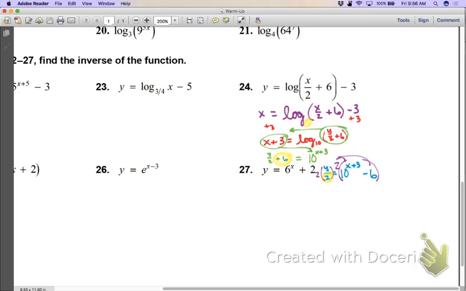Now, the one thing that it's not going to do is it's not going to make it 20. The minus 12 is usually never the issue. But what it does do is it makes it 2 times 10 to the x plus 3 power minus 12.